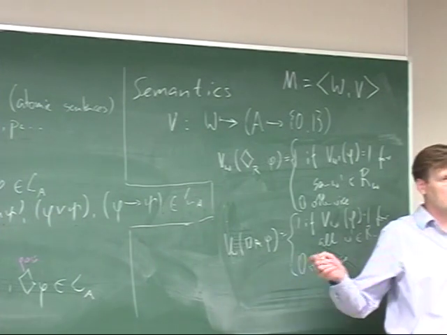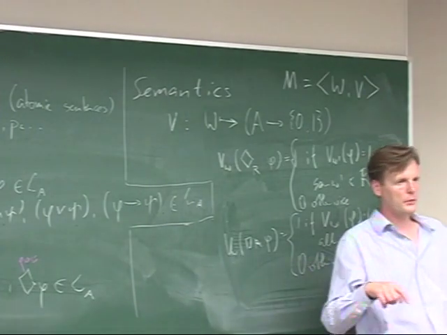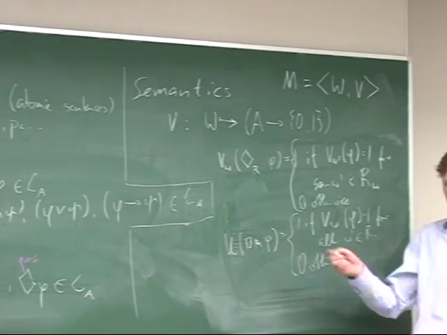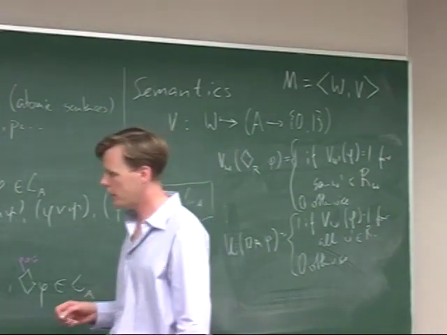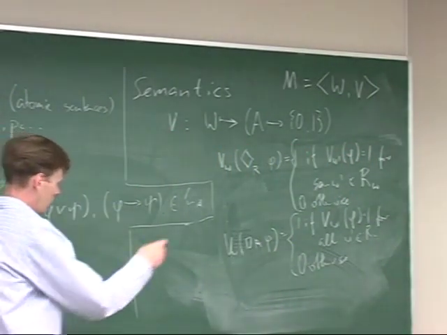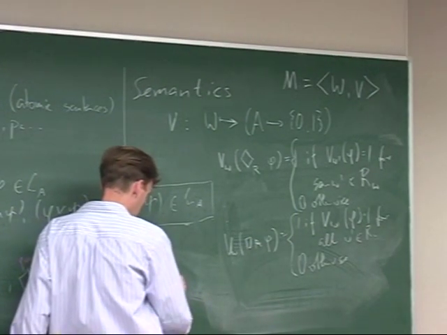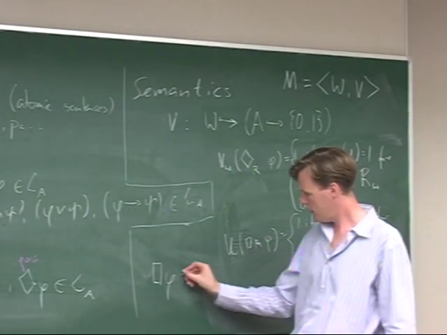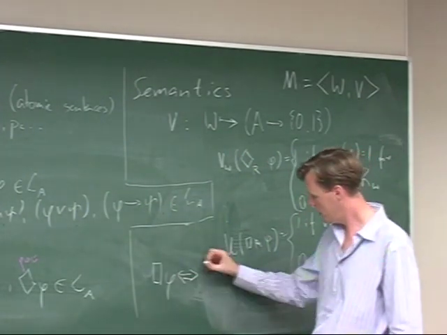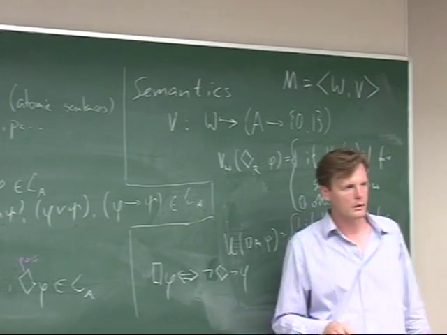This is the textbook definition, right, of these operators. In fact, usually only one of them is defined in these terms, and the other is defined in terms of the first one. So, because it's always the case under this definition that this is true if and only if not, possibly not phi is the case.